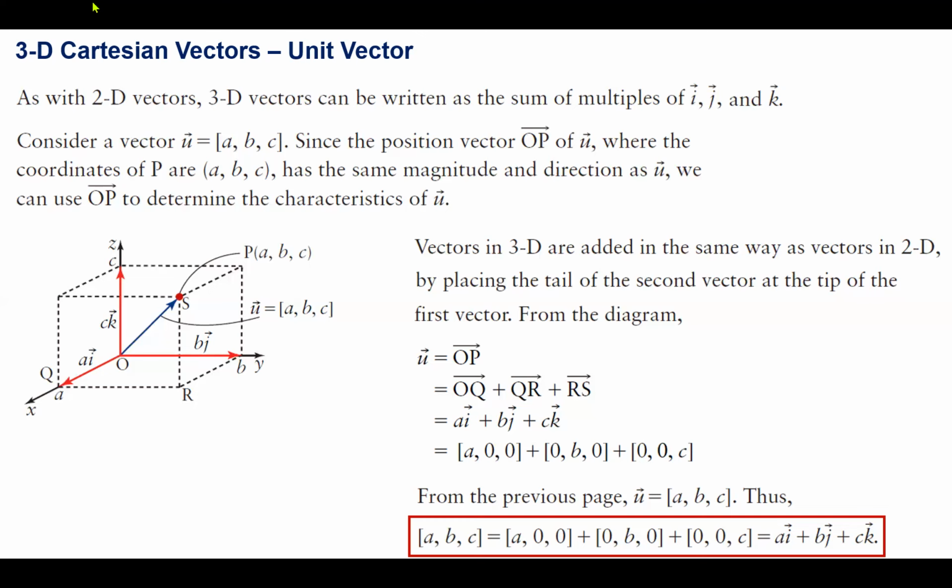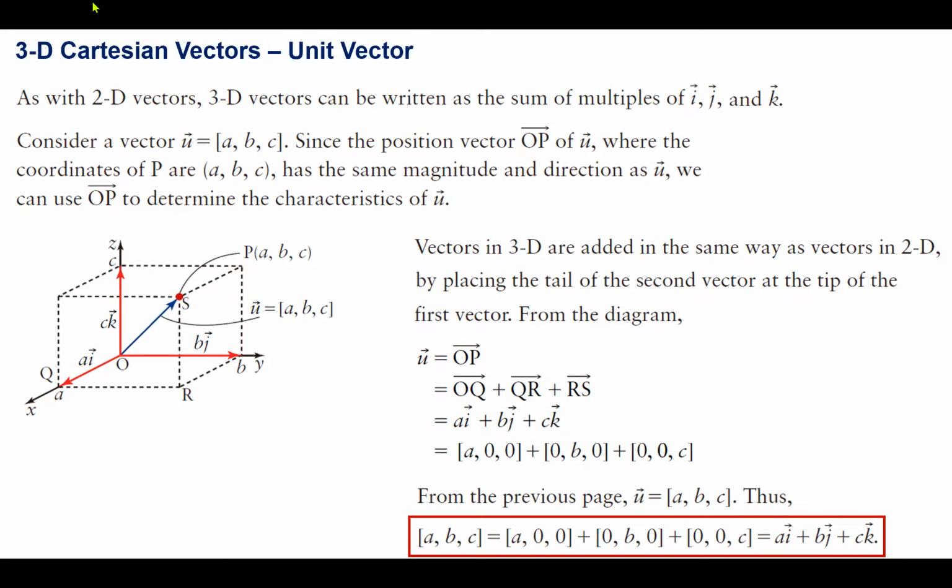Also from the previous page, we know vector u equals (a, b, c). Thus, we have the following relationship. Any vector (a, b, c) equals (a, 0, 0) plus (0, b, 0) plus (0, 0, c).